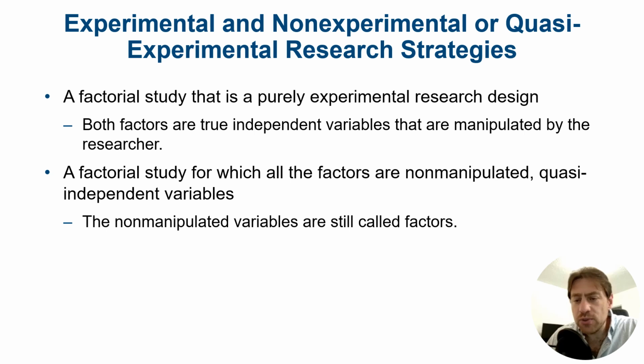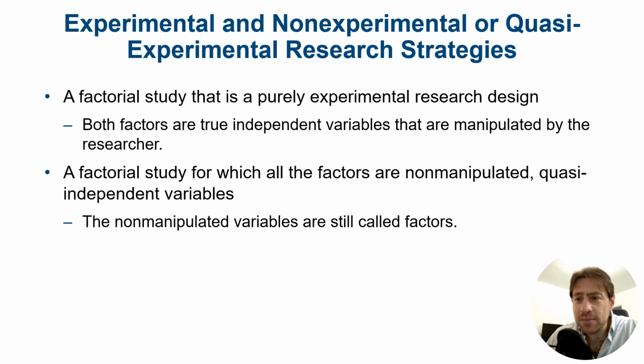So when it comes to factorial designs, it is possible to use factorial designs for experimental, non-experimental, or quasi-experimental studies. And the variables that are not manipulated are still called factors in these studies.